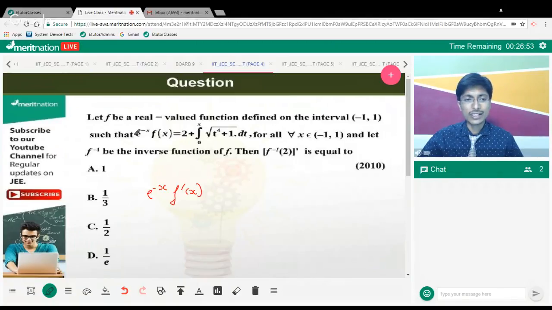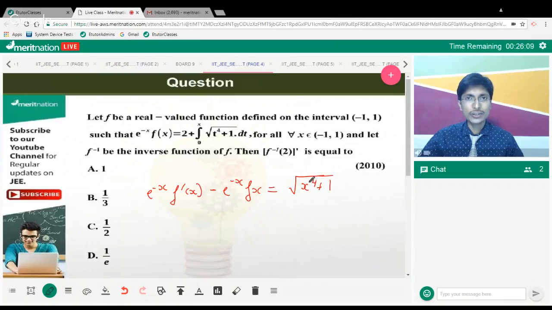Then I'll differentiate e raised to the power minus x, which is e raised to the power minus x, and then by chain rule I'll differentiate minus x. So minus 1 will come out, so it will be minus e raised to the power minus x into f(x). Plus on the right hand side, differentiation of 2 is 0, and for the integration, I'll put the upper limit, that is x, so this will be simply under root of x raised to the power 4 plus 1.